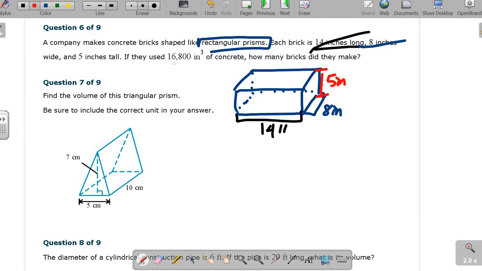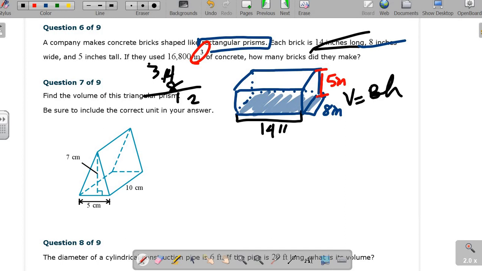If they use 16,800 inches cubed of concrete, how many bricks? So first we need to find the volume. Volume is going to be area of this base times the height. Our base is going to be 14 times 8, which is 112.